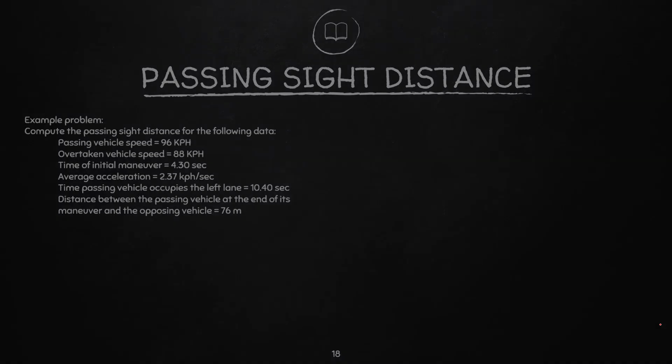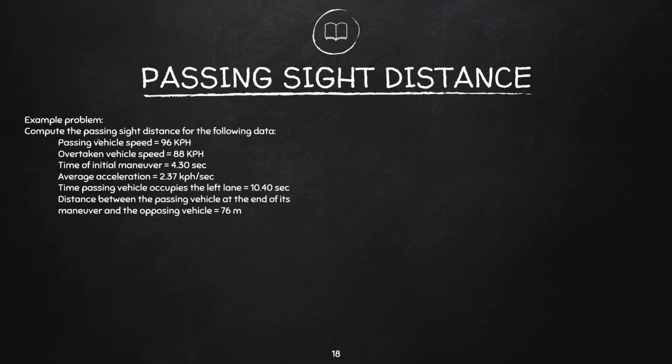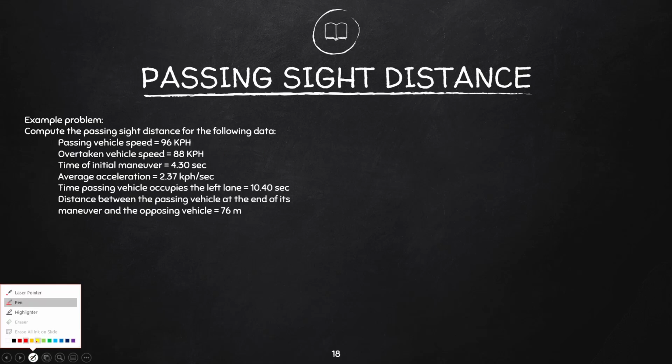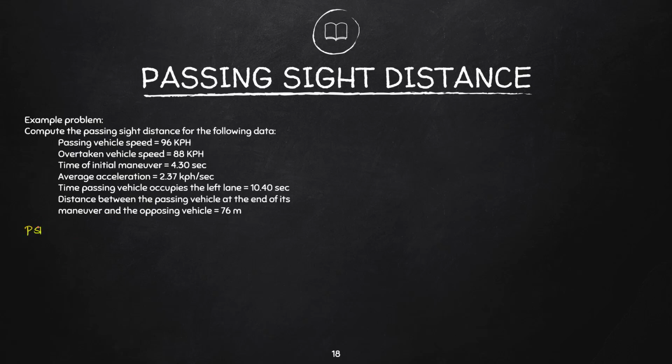So let's try to compute this one. Let's start with the passing vehicle. I want to have the passing sight distance in terms of meters. This is equal to d sub 4.